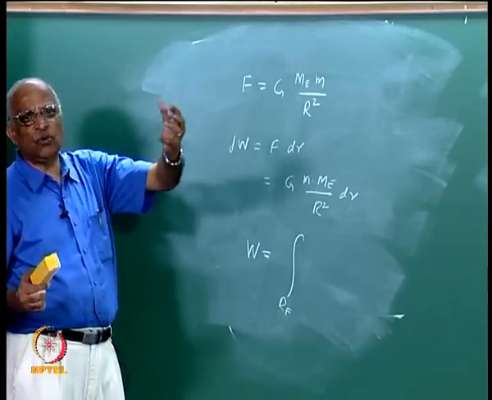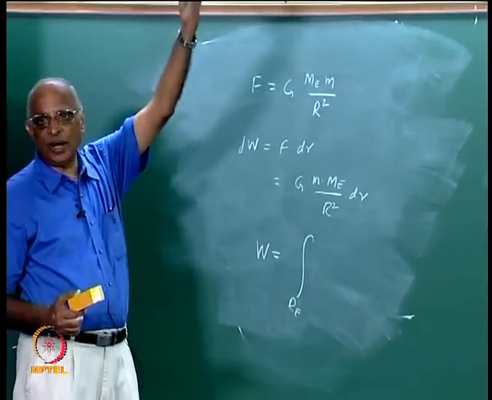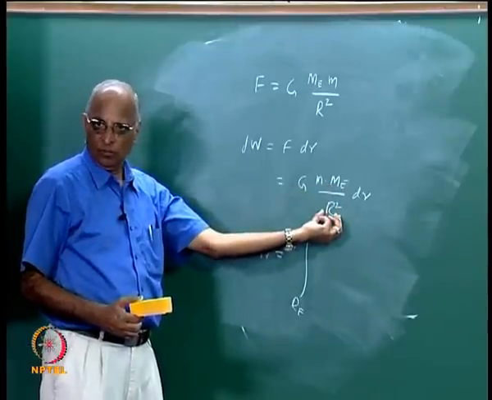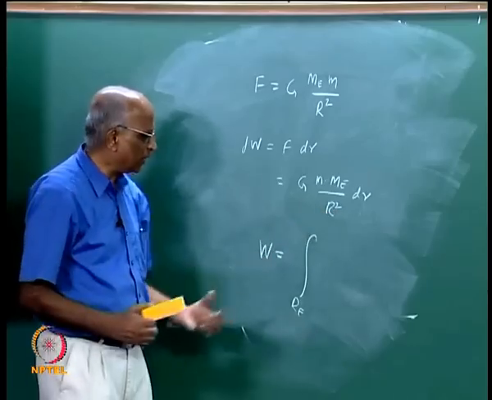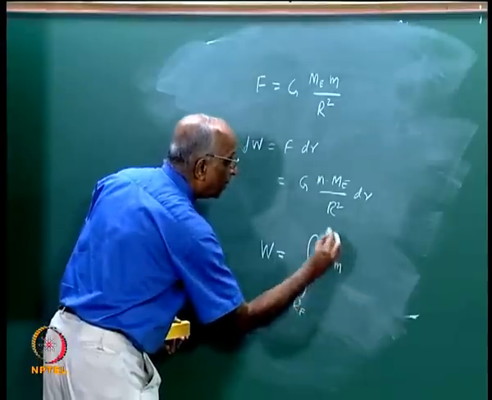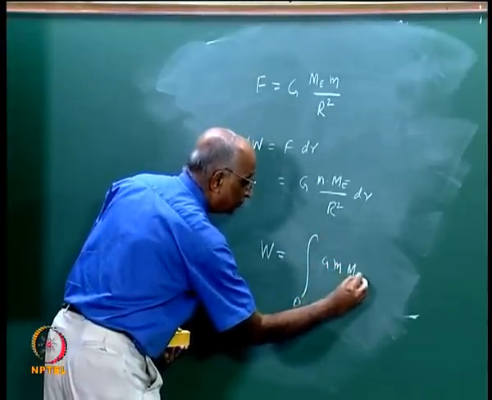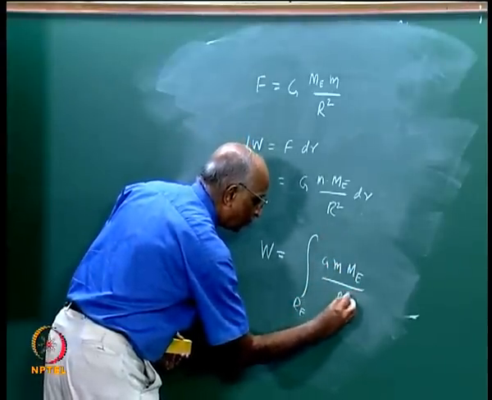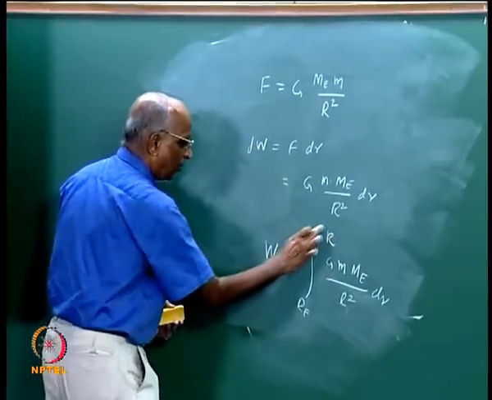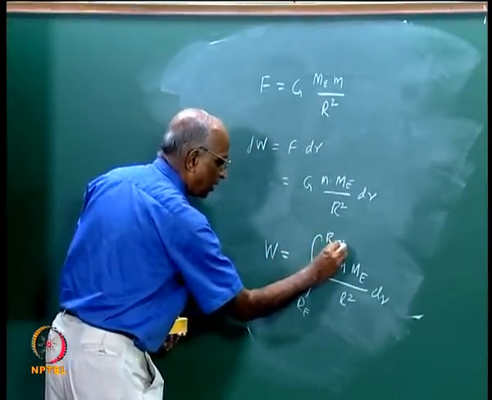Supposing somebody wants to go from the surface of the moon to some height, I just have to take the mass of the moon and the radius of the moon plus the particular height I consider. Therefore, I have G m Me divided by r square into dr as I go from Re to, if I want to put it in terms of height, Re plus h.